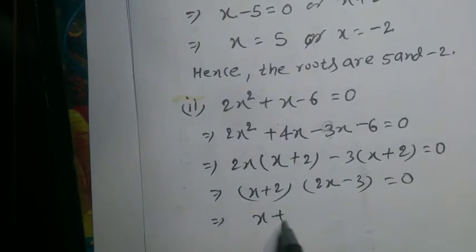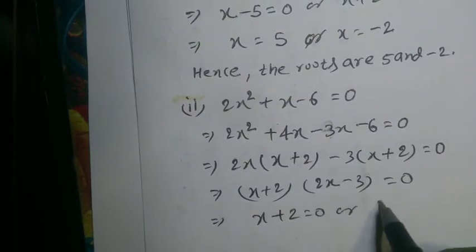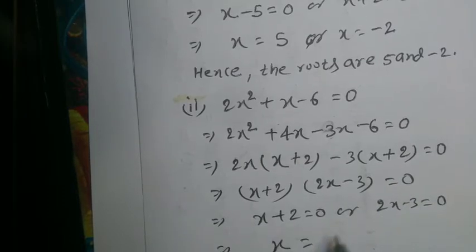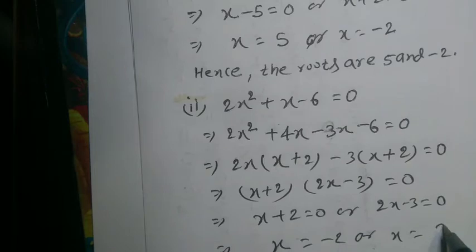Implies x plus 2 is equal to 0, or 2x minus 3 is equal to 0. Implies x is equal to minus 2, and minus 3 goes to the other side as plus 3, and multiplication 2 goes to the other side in the form of divide.